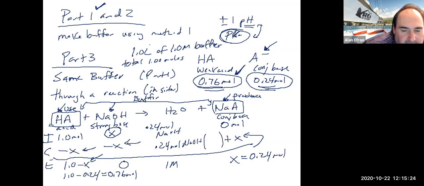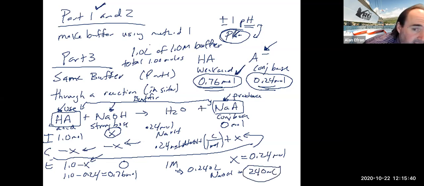My molarity is 1 mole per liter. The moles would cancel. That would tell me that I need 0.24 liters of sodium hydroxide, which means I would need to add 240 milliliters in my made up example to do that.